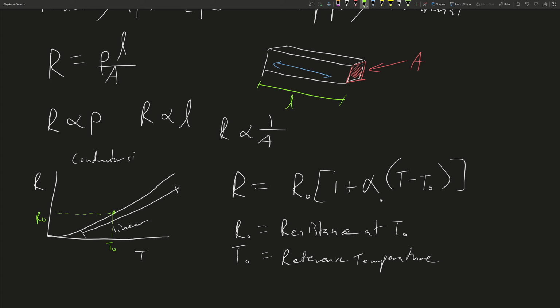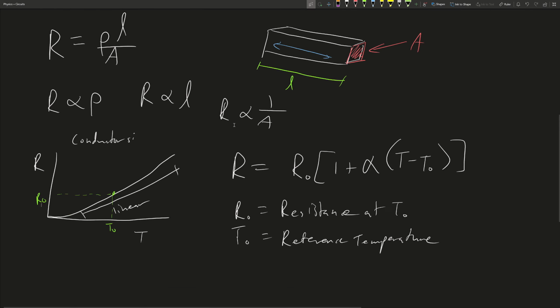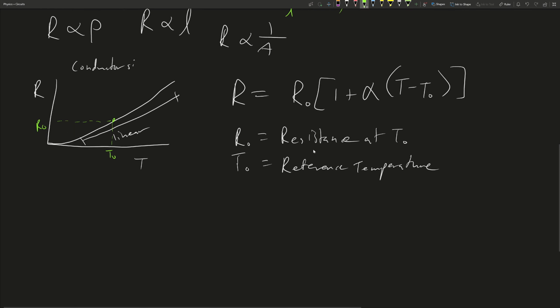So this is alpha, Greek letter alpha, the temperature coefficient for resistance. And so another way you can write this equation is the change in resistance divided by this reference resistance is equal to alpha times the change in temperature.